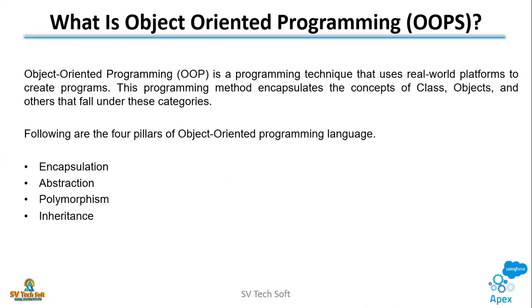First is encapsulation, then abstraction, then polymorphism, then inheritance. What is encapsulation? Encapsulation is nothing but binding all your programming elements into a single class, a single place.